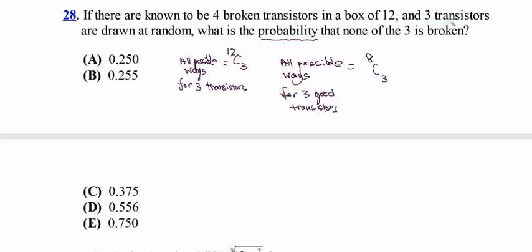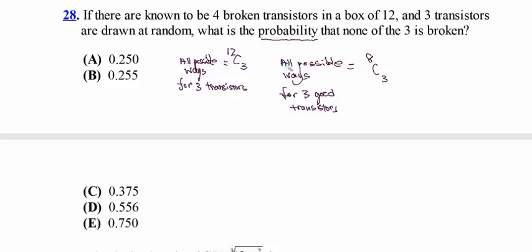You're supposed to take 3 out of the 12, not 4. I just glanced and made a silly mistake. So all the possible ways to pick 3 out of 12 is 12C3. This is very simple.